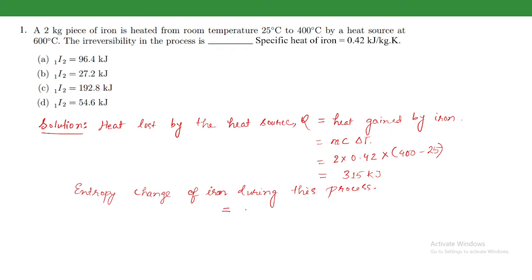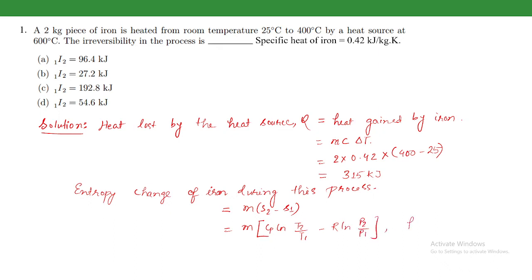This is the mass of iron into the change in entropy during the process. So this can be written as mass of iron, and S2 minus S1 we can write as Cp ln T2 by T1 minus R ln P2 by P1.